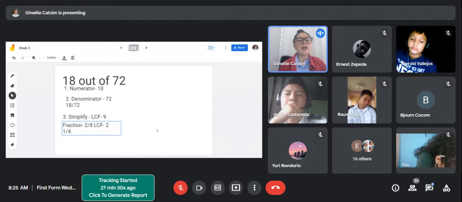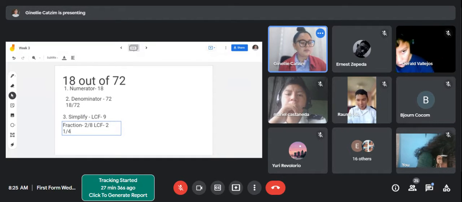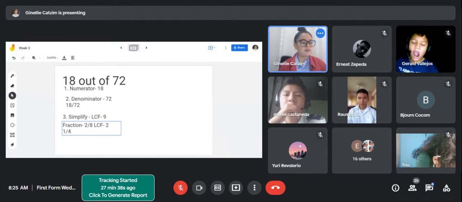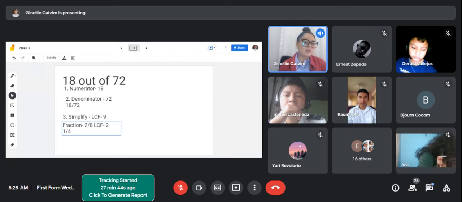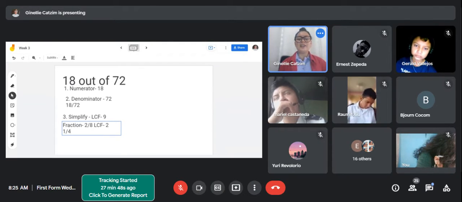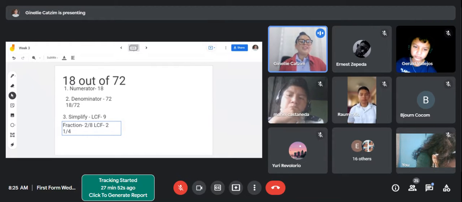Or we could have simply divided at first by 18, right? Because 18 can go into 72 4 times. So this is how we go about showing each step.